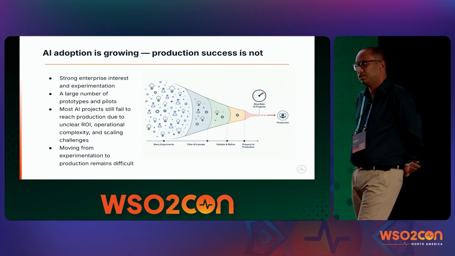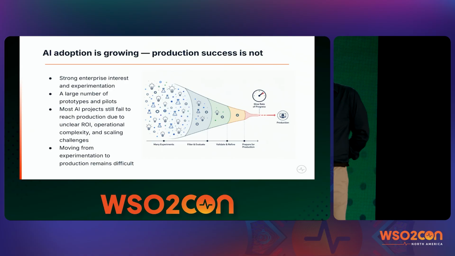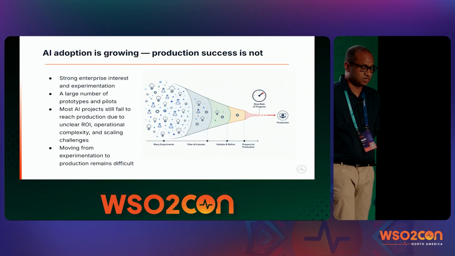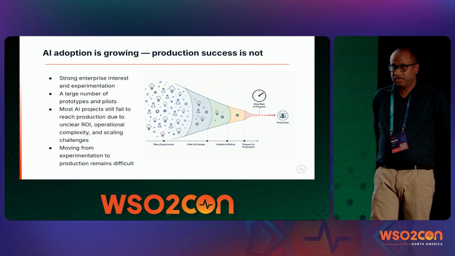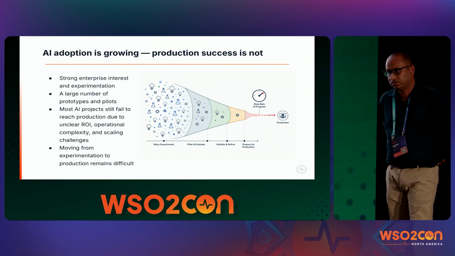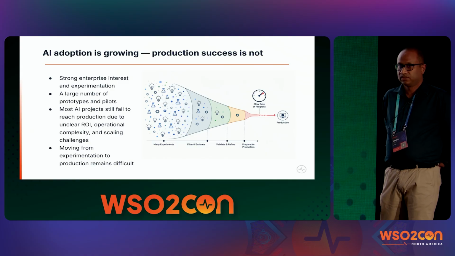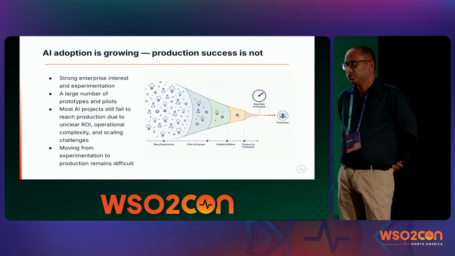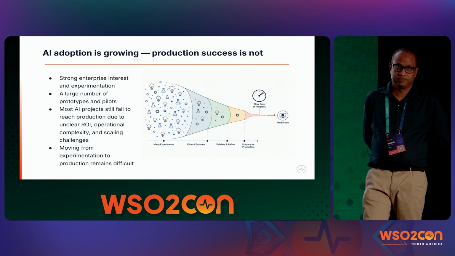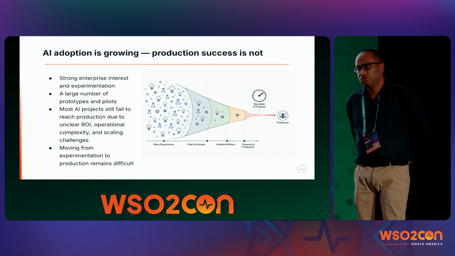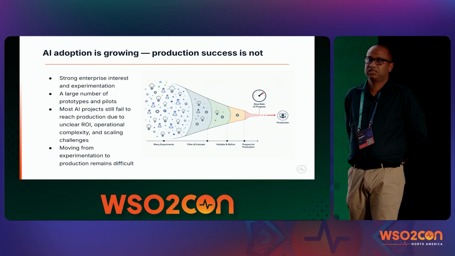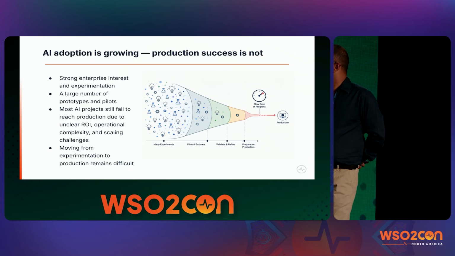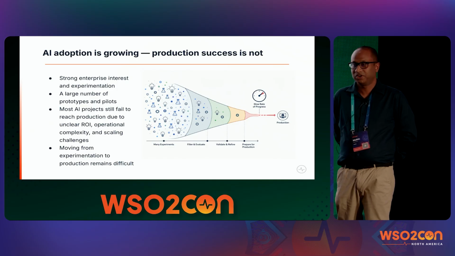One reason is related to return on investment, ROI. You start a project without looking into return on investment, and you don't properly do the effort estimation or assess the value that these projects are going to bring in. Then you do a lot of work.